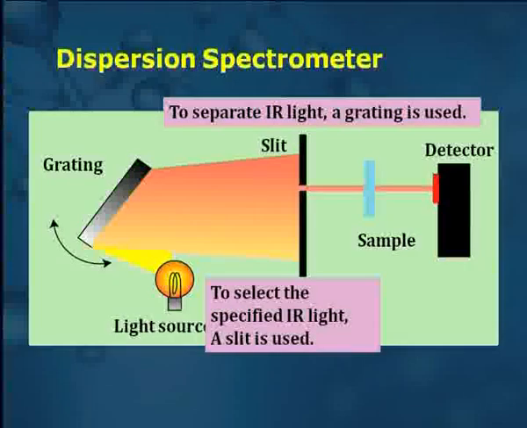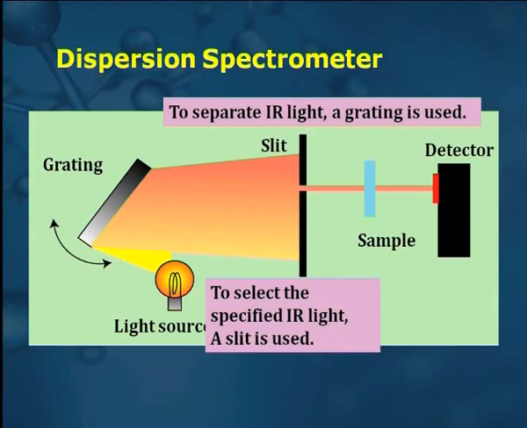Here, see in the diagram, this is the dispersion spectrometer. Here we are using the light source, grating, slit. Then here is the sample after the light passes from the slit. To separate the IR light, a grating is used.